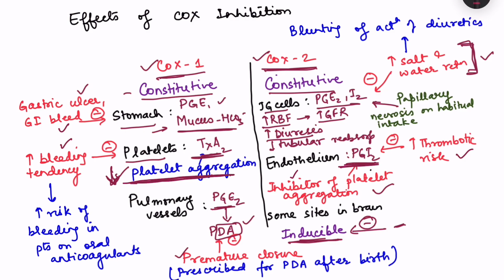So COX-1 inhibition is increasing bleeding tendency. On the other hand, COX-2 inhibition is increasing the thrombotic risk. Now we have NSAIDs which act on both COX-1 and COX-2 that we are going to see later, that is known as non-selective NSAIDs, and there are NSAIDs which act mainly on COX-2.